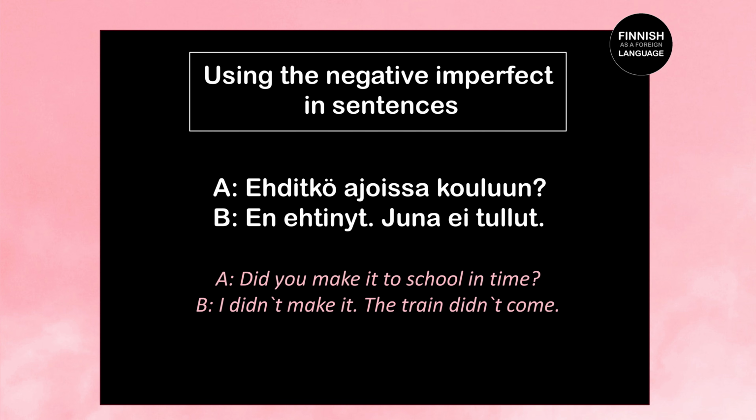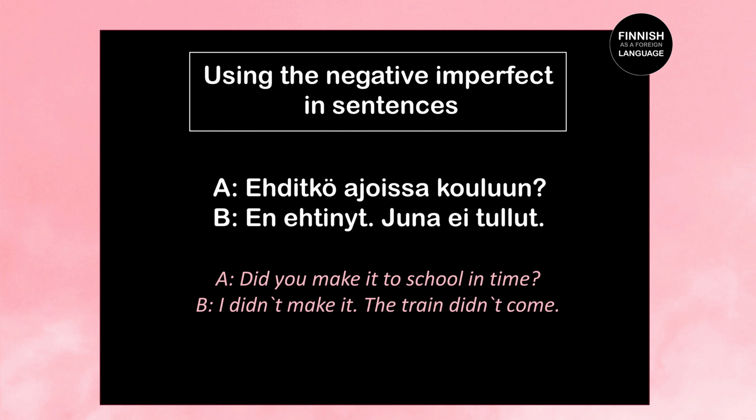Ajoissa means in time, and kouluun means to school, illative case. And then let's see what B says. En ehtinyt means I didn't make it. It's the first person singular negative imperfect of the verb ehtiä, and juna ei tullut means the train didn't come. So juna means train, and ei tullut is the third person singular negative imperfect of the verb tulla, which means to come.